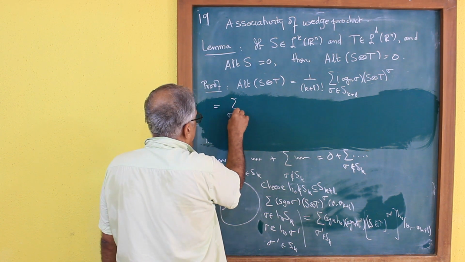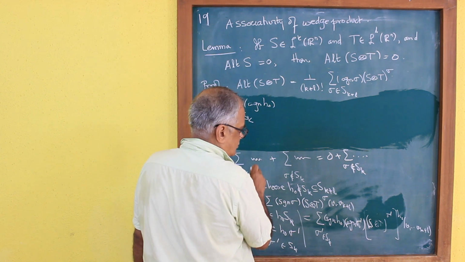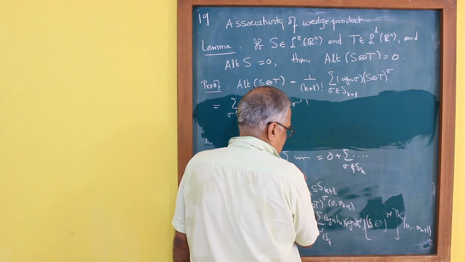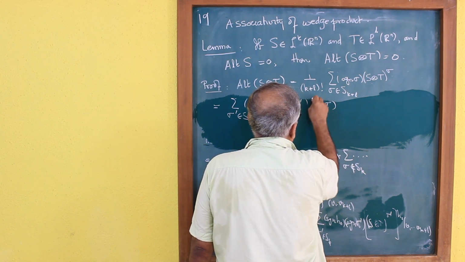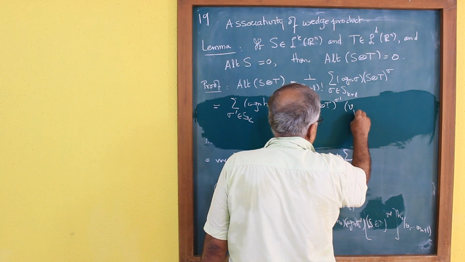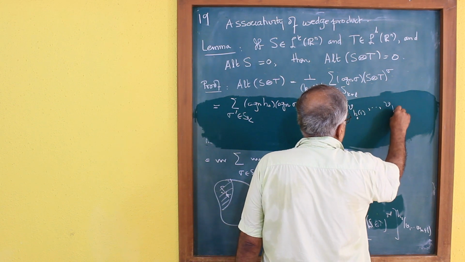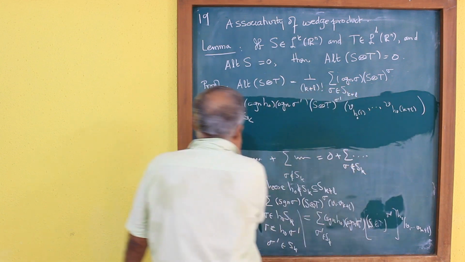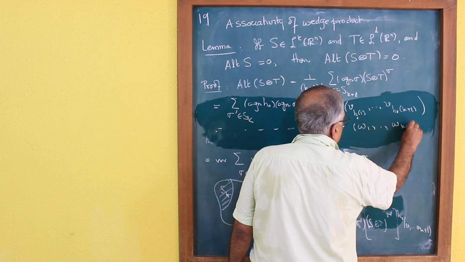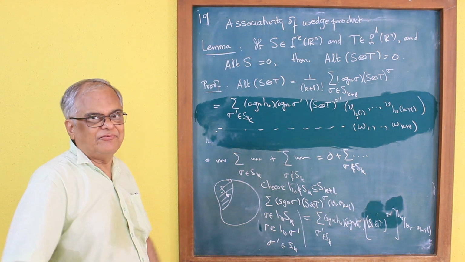the sum. Let me call h0 v1 equal to w1, up to h0 v(k+L) equal to w(k+L). These are some vectors.